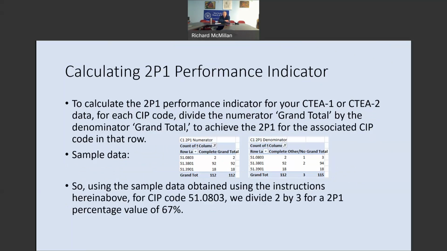Using the sample data obtained using the instructions here and above for zip code 51.0803, you'll note that the numerator grand total is 2 and the denominator grand total is 3 for zip code 51.0803. So there we divide 2 by 3 for a 2P1 percentage value of 67%.